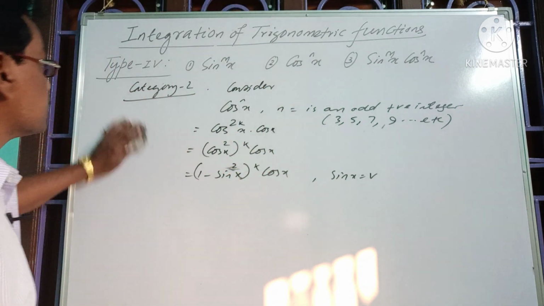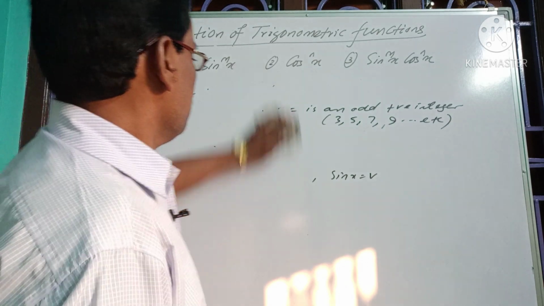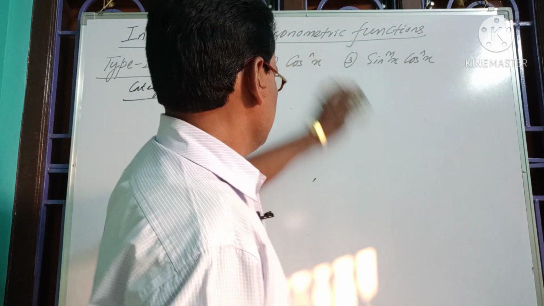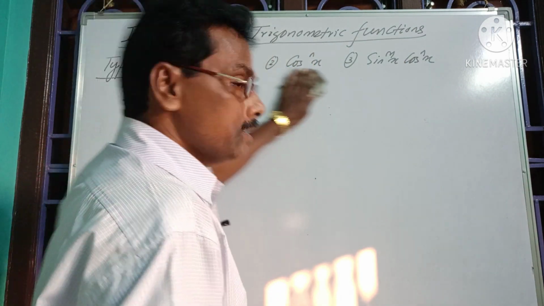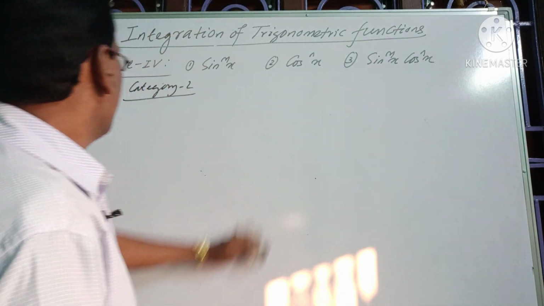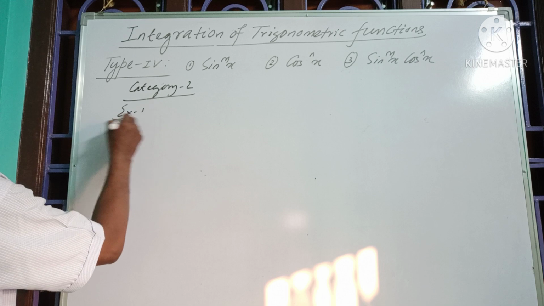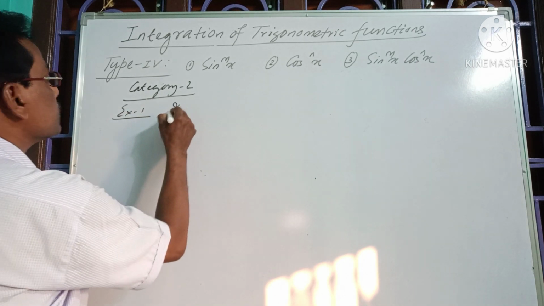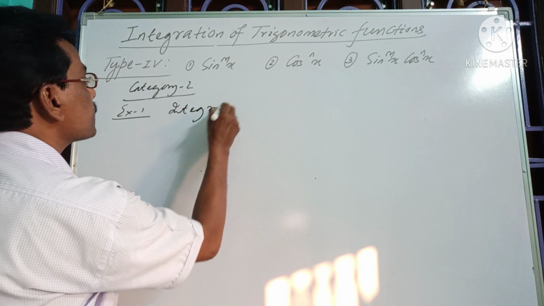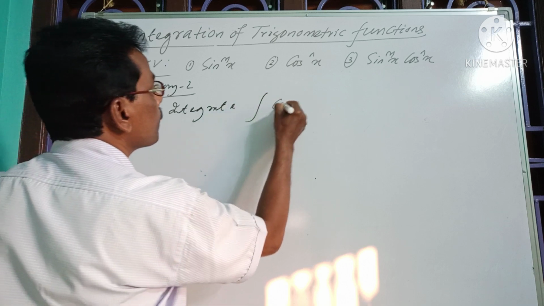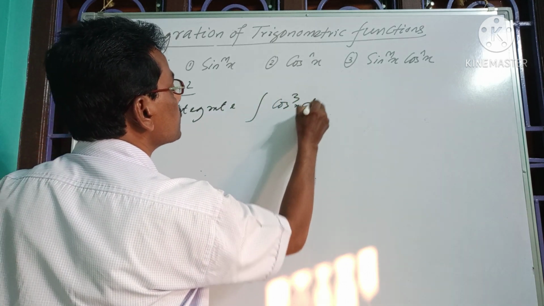So let us consider example 1 of category 2. Let us try to integrate cos cube x with respect to x.